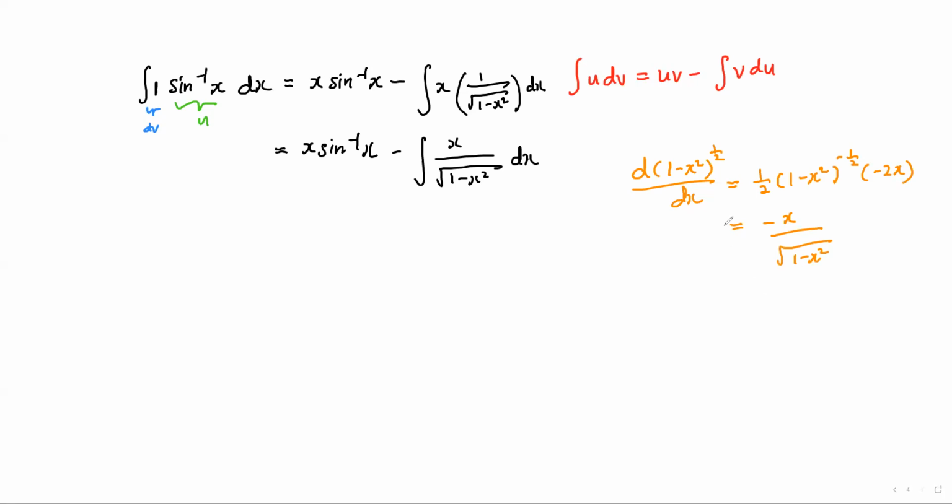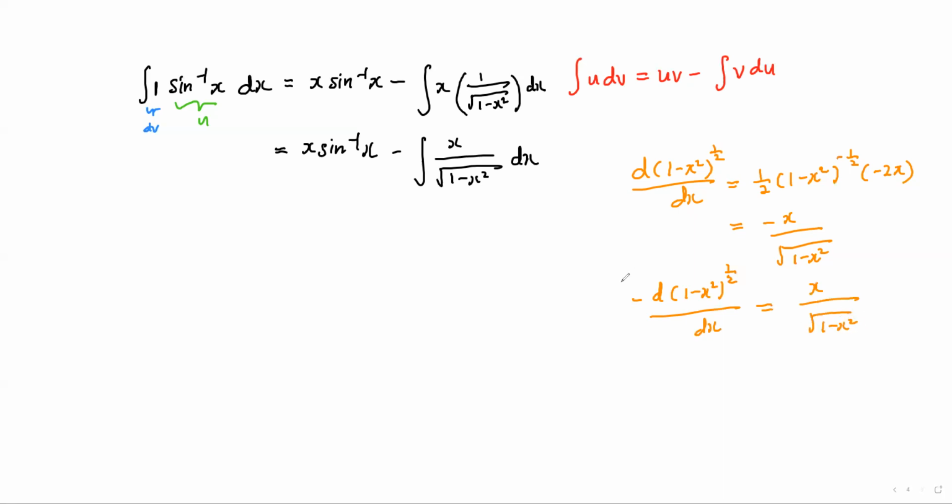Okay, so that's great. So basically, you can see that there's a strong resemblance here. So I can say that the negative of this is basically x over square root of 1 minus x squared.